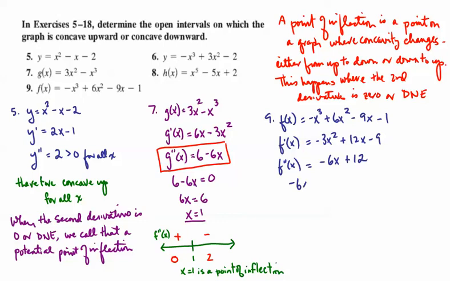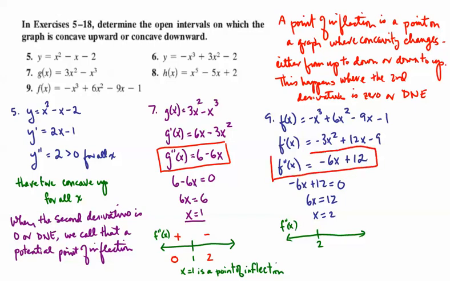We set the second derivative equal to 0, and we get 6x is equal to 12, or x is equal to 2. So we make our number line, and our potential point of inflection is x equals 2. We note that we're working with the second derivative.